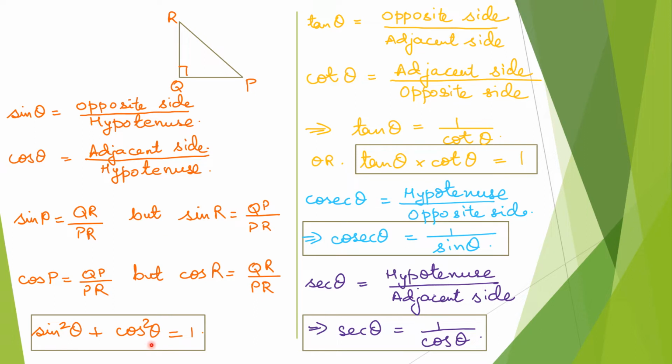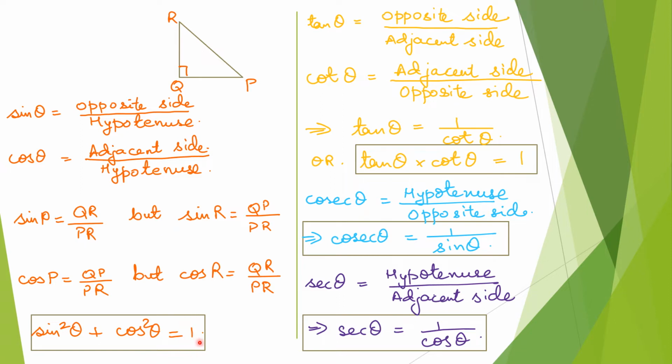Remember, sine square theta plus cos square theta is equal to 1 is very simple. Why? Because when I am taking a right angle triangle, you know that QP square plus QR square is equal to PR square. So if I divide by PR square, I get QP square upon PR square plus QR square upon PR square, which is equal to PR square upon PR square, which is equal to 1.